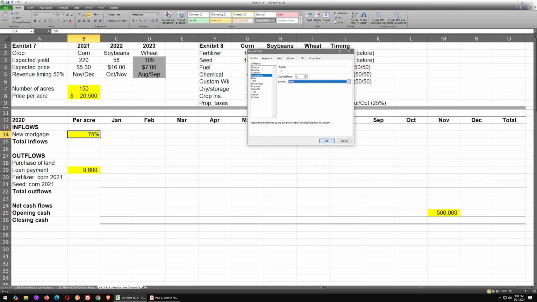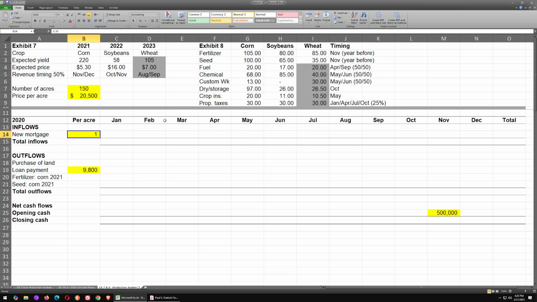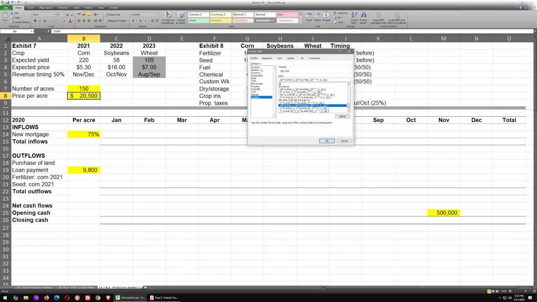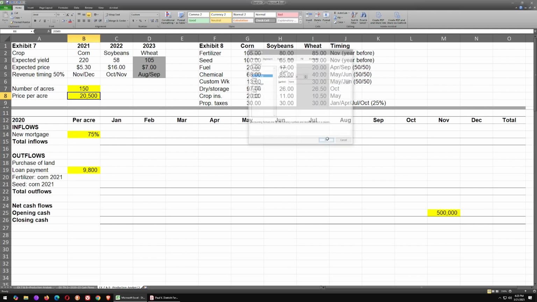So if I wanted to change this one, I'd go here and I'd say accounting, 0 decimal places, no symbol, and it would show it that way. And the reason why accounting is so good is because it doesn't have it flush right. You can see that it's still a little gap between here.